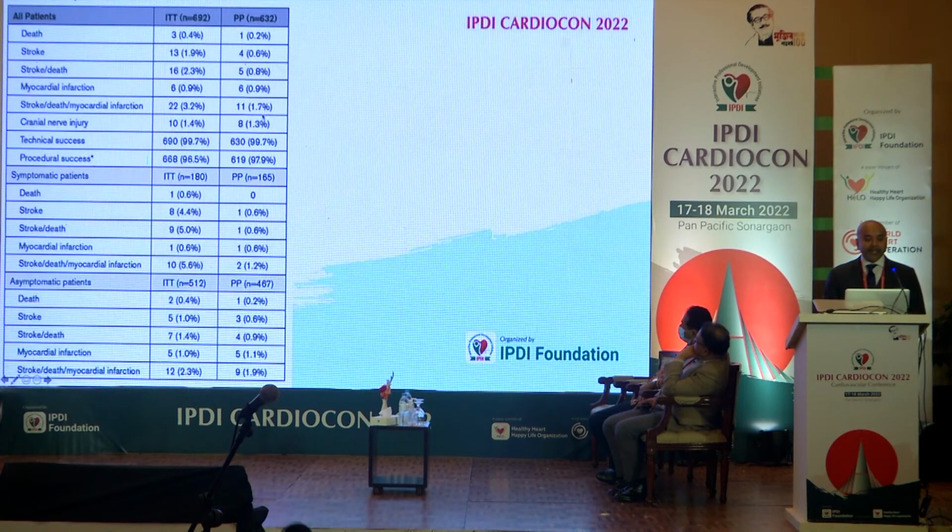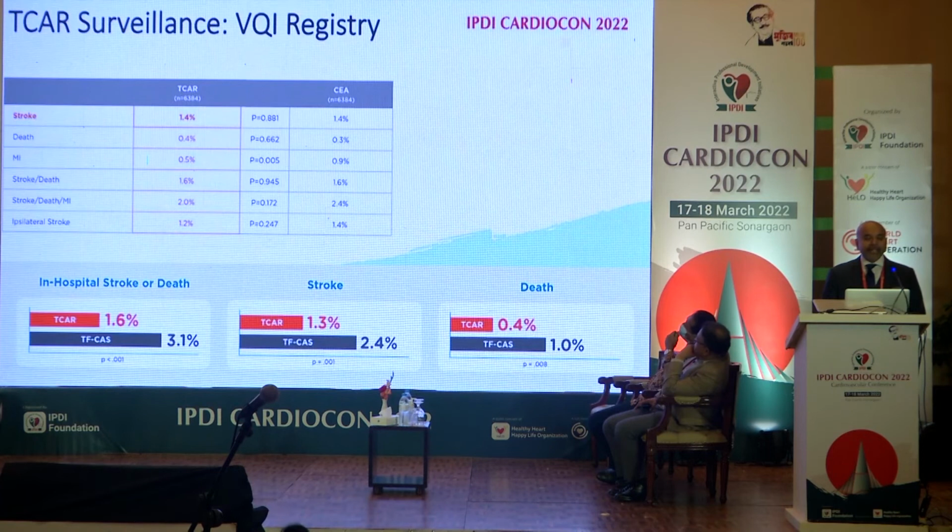You'll see that the adverse event rates are extremely low, sub 2% in most of those events. And then if you look at the registry comparing TCAR with carotid endarterectomy, you'll see a pretty similar result in TCAR compared to endarterectomy. And so again, a significant improvement.